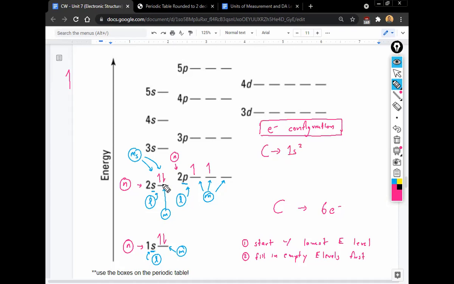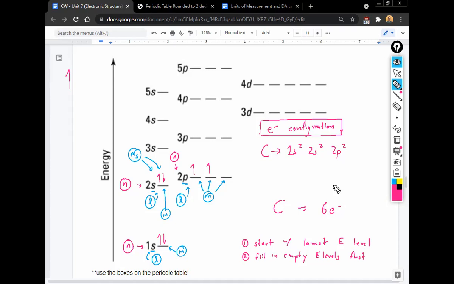We go on to the second energy level. It's going to be 2s, and there's 2 electrons in there, so it's 2s2. And then after that, we have 2p, and there's 2 electrons in there, so it'll be 2p2. Okay. So the electron configuration for carbon is 1s2, 2s2, and 2p2.